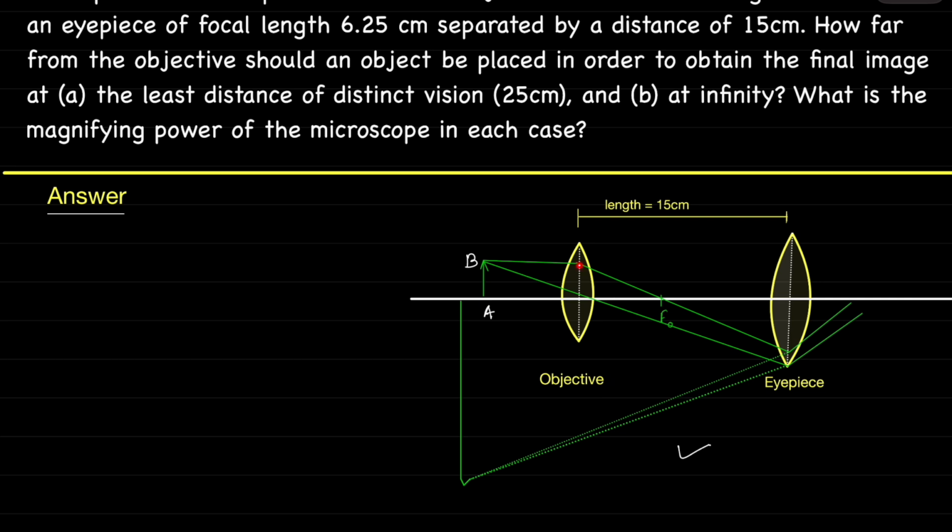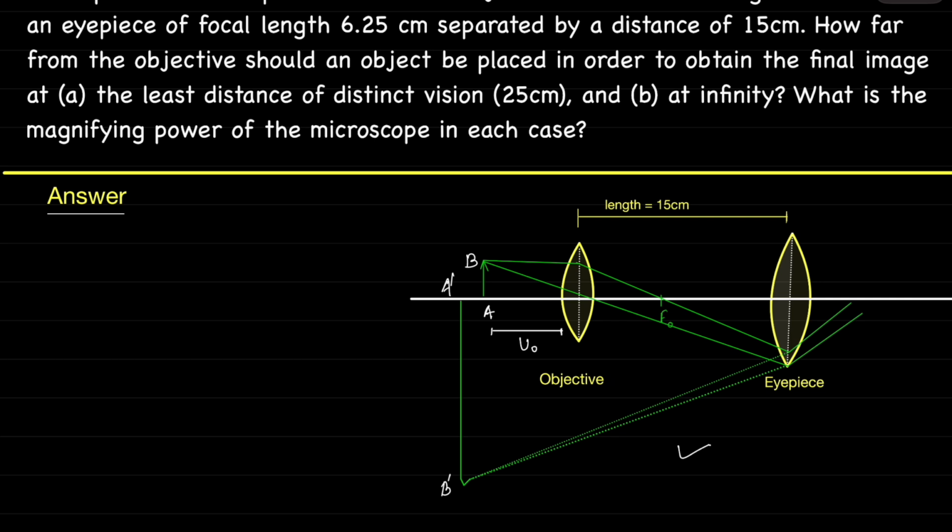So rays will converge, and after converging, they will meet on the eyepiece and form the image at this point. We name it A dash, B dash. So we have to find the value of the object distance from the objective, so UO we have to find in both the cases.